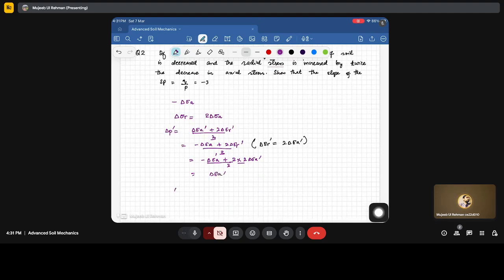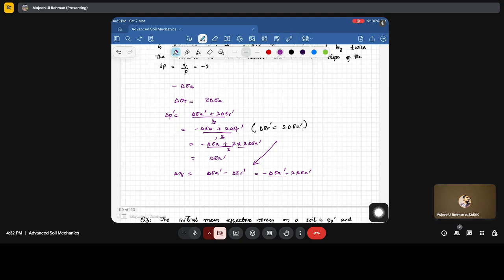And what will be delta Q? Delta sigma A dash minus delta sigma R dash, which is delta sigma A dash, which is negative, as it is decreased, and minus 2 delta sigma A dash, as delta sigma R is equal to 2 times delta sigma A. So it will come out to be minus 3 times delta sigma A dash.